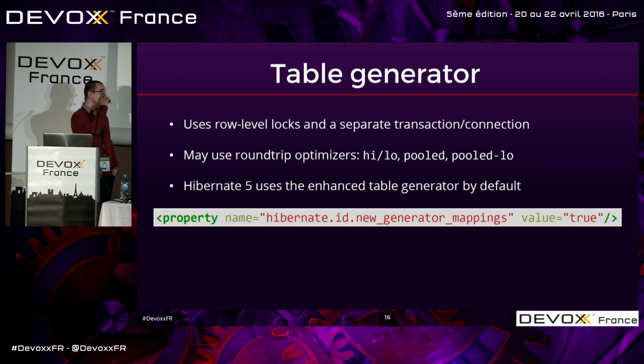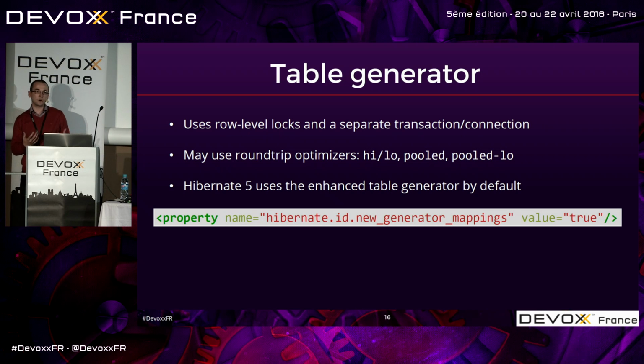The table generator is not a very good choice because it tries to emulate a sequence, but a sequence is a very optimized object in the database, and the table generator is not, because it's using row level locking, and using locking incurs penalties when it comes to serialization and stuff like that. And you will see in the next slide how big that penalty is.